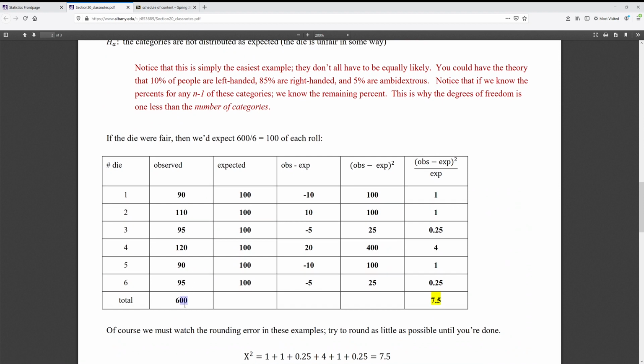If it is true that it's a fair die, that is to say, if it is true that each category comes up 1/6 of the time in the long run, then you would expect 1/6 of the 600 to be ones, 100. 1/6 of the 600 to be twos, and so on. The simple way to say it for a fair die is that if you roll it 600 times, then you'd expect 100 of each.